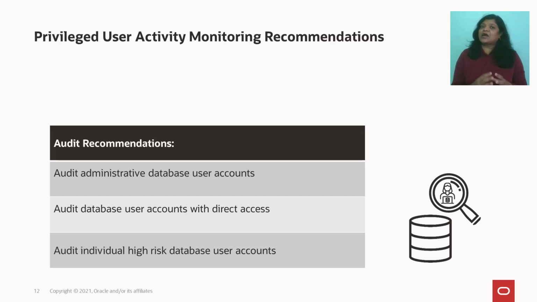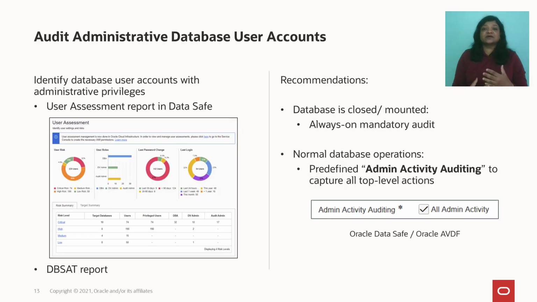Now let's examine how you can provision policies for each of these categories of privileged users and start monitoring them in your environment. For database user accounts with administrative privileges, you can identify such accounts from different sources like the user assessment report in Data Safe, such as the one shown below, or from the DBSAT report. So how can you monitor their activities?